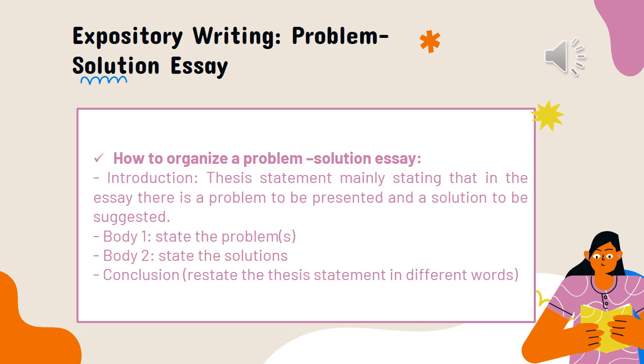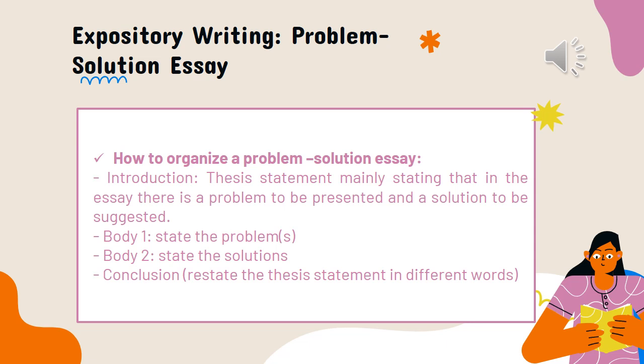So in a problem solution essay, I should be telling the reader in the thesis statement that this essay is going to be stating a problem and suggesting its solutions. And then in the first body paragraph, I can state all the problems, and in the second body paragraph, I can state all the solutions, and then in the conclusion, I restate the thesis statement in different words.